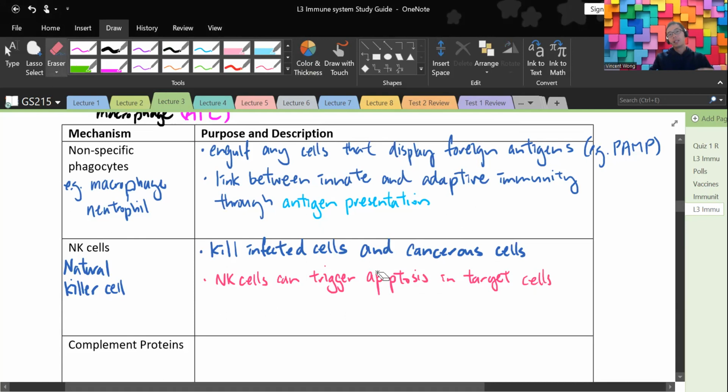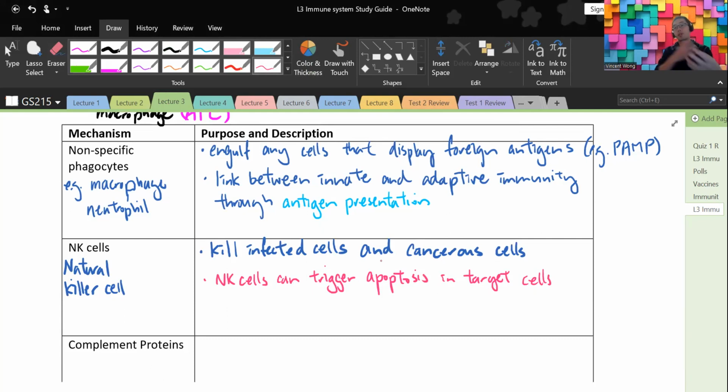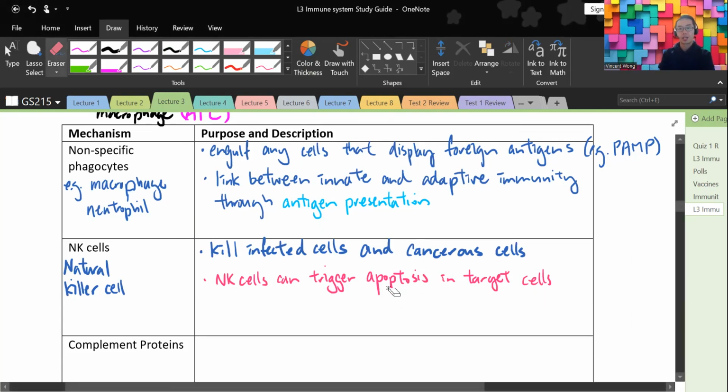Okay. Apoptosis is programmed cell death. So these NK cells will bind to the target. Maybe the target is an infected cell, maybe the target is a cancerous cell, and then it will cause that cell to basically kill itself off. Okay, so that's apoptosis. Right. Programmed cell death.